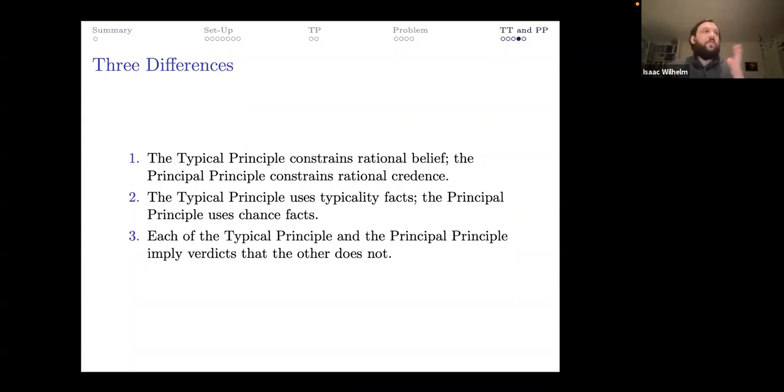And suppose you thought it was a law of nature that this thing decays in some amount of time with some chance. So then there would be a chance fact here. It's describing a single case event. And the principle says, great, so your credence in that event has to equal that chance, very roughly put. The typical principle would say nothing about this because this decay event is not typical.